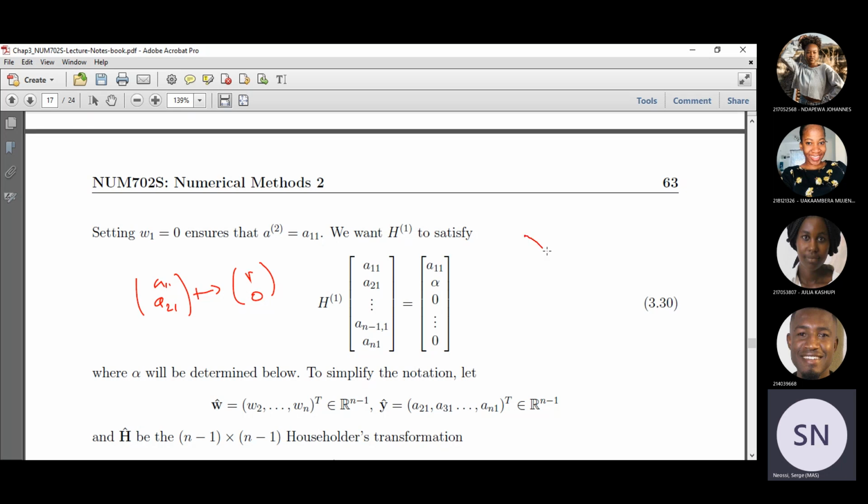Tridiagonal means that there will be only 3 diagonals like this. If it's tridiagonal, it means that in the first column, the first is an element that is not necessarily 0, and all the remaining entries here are all zeros. Oh, no. It's not like that. I didn't do that properly. Tridiagonal is like this instead. Meaning that we have 2 here, right? 2 here.